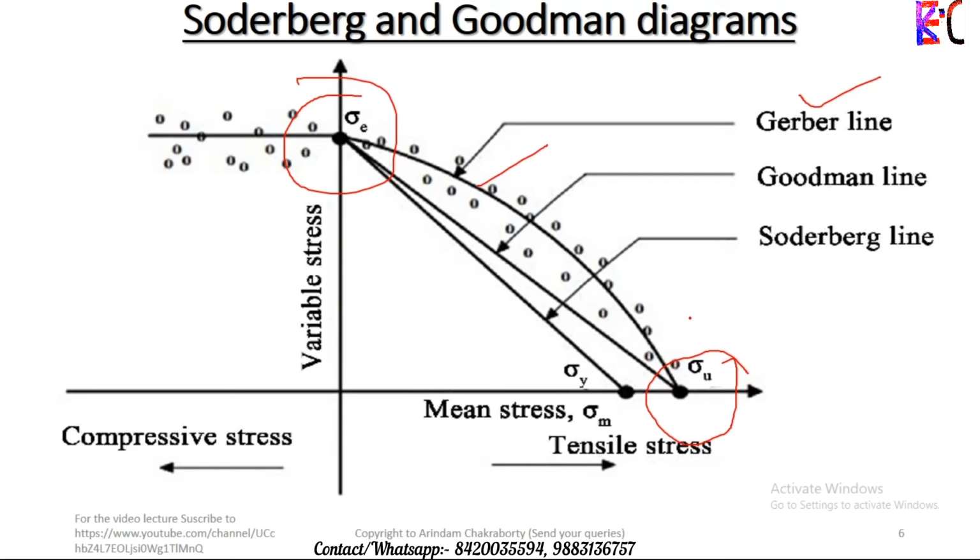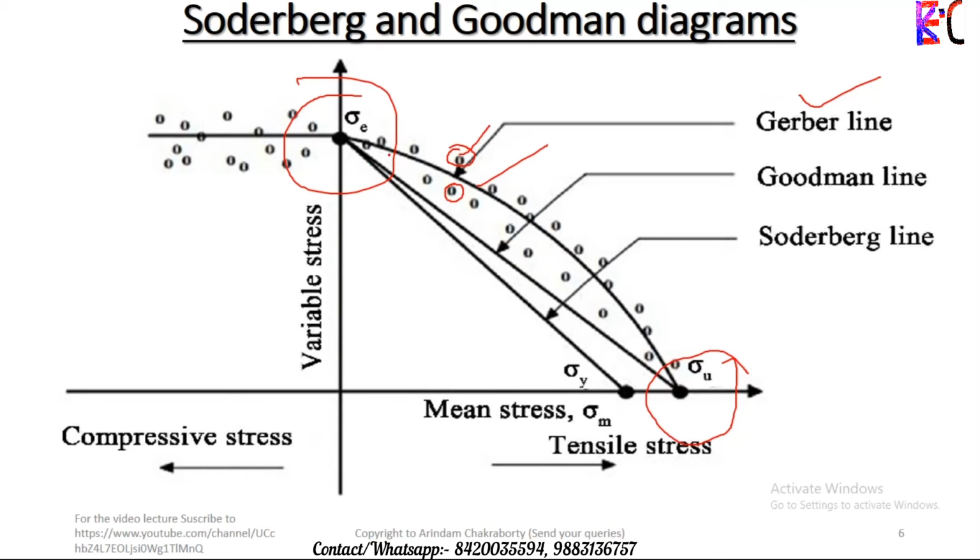But he mentioned there was some star point. The star point was: don't use these points or these coordinates as your designing coordinates or designing curves, because there may be certain failures. So next Goodman came up.